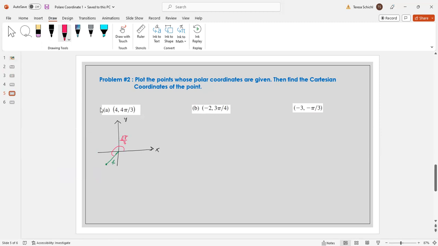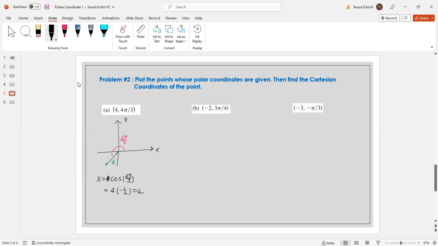Now I need to find the x coordinate and the y coordinate. So x is r cosine 4 pi over 3. r is 4, so cosine 240 degrees. This will be 4 times negative 1/2, which is negative 2.